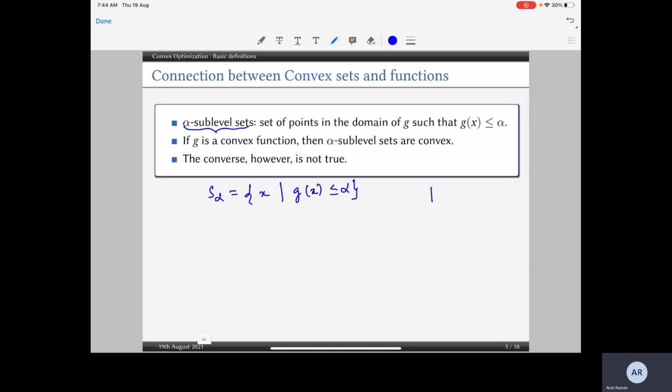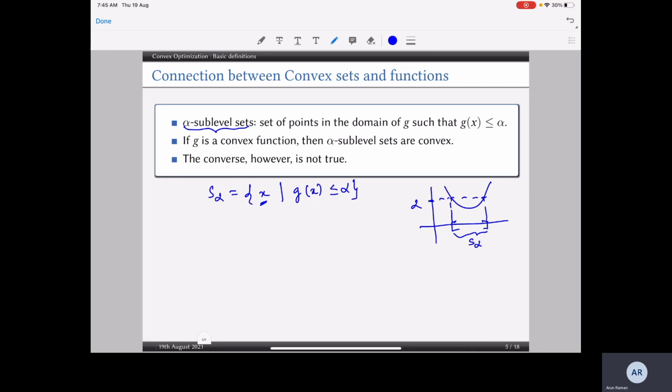If we look at it for a convex function, with alpha here, because we want to look at the domain, this set will be S of alpha. It should be parameterized by g, because it depends on g as well.